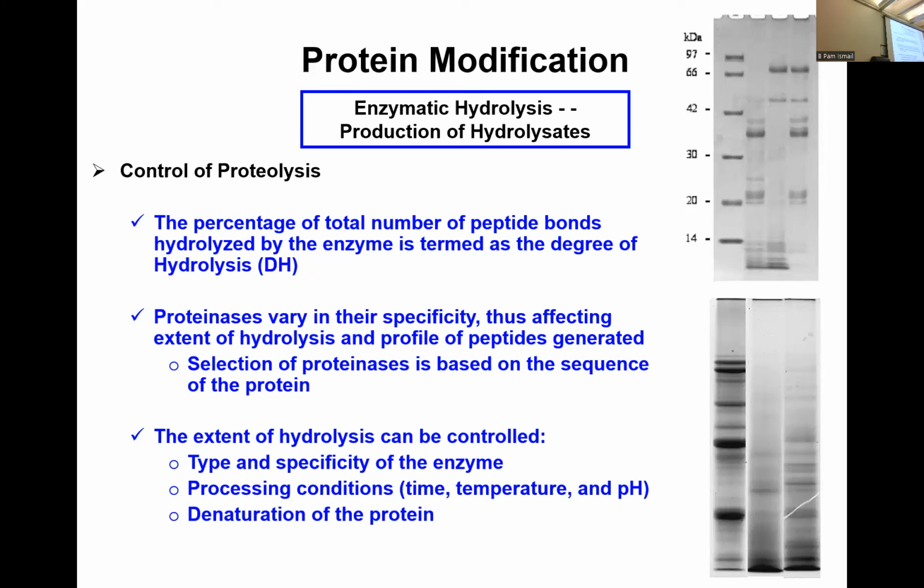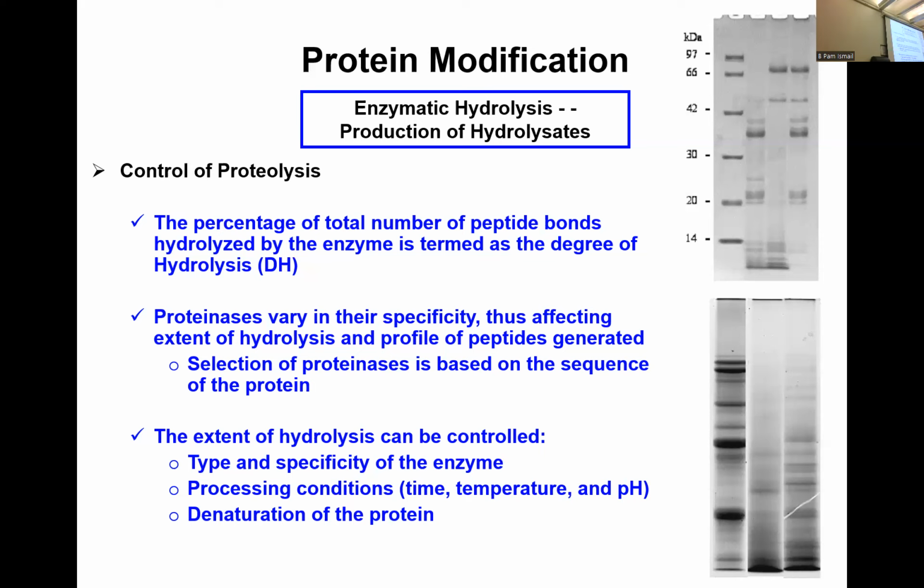If I hydrolyze glycinin, I enhance emulsification. But if I start with a denatured protein, I'm not targeting anything. Everything gets hydrolyzed. You see a high degree of hydrolysis. Both trypsin and pepsin are endoproteases, so they really chop everything, and you mostly see low molecular weight proteins. You lose functionality, most functionality.